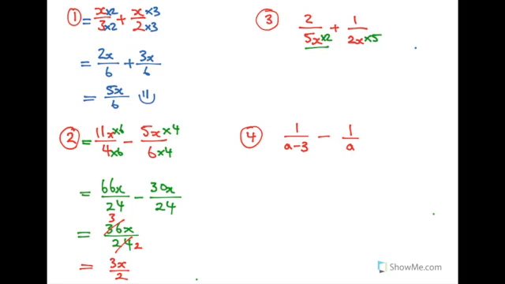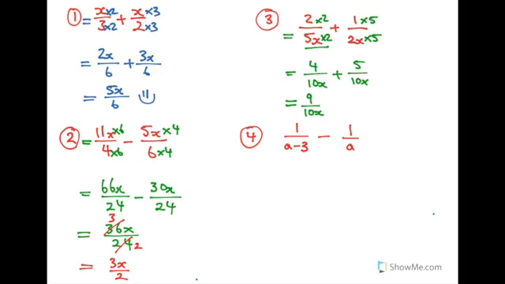That means to the top I'm going to have to times by 5 over here, and the other one I have to times by 2. So I'm going to have 4 over 10x plus 5 over 10x. And now, because the denominator is the same, I can simply answer the question: 9 over 10x. So that looks pretty good too.